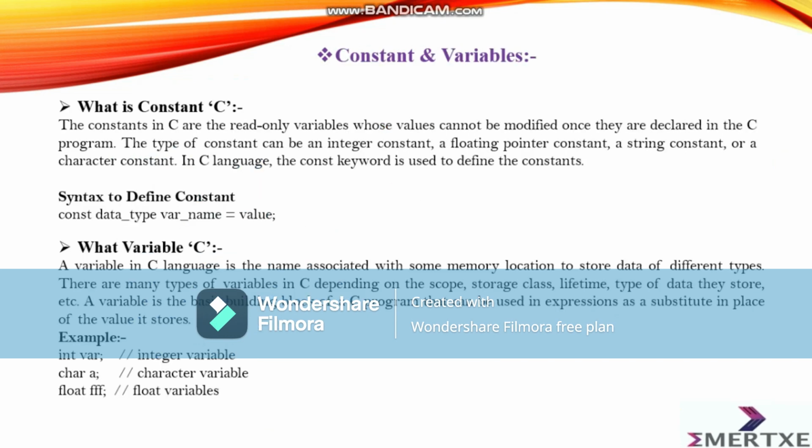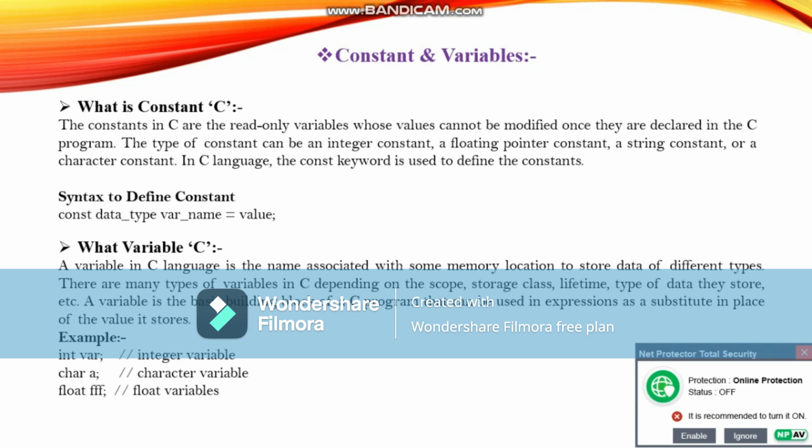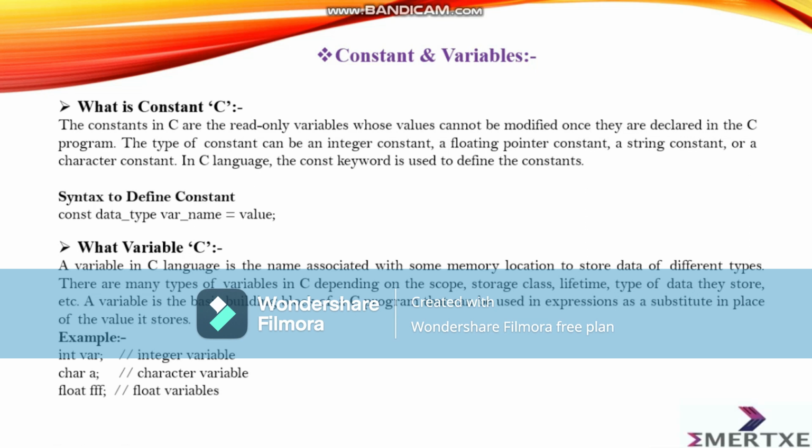First, the points are constant and variables. What is a constant? A constant is a data item whose value cannot be changed during the program's execution. Just as its name implies, the value is constant. The value cannot be modified once it is declared in the C programming. The constant can be an integer constant, floating point constant, string constant, or character constant.